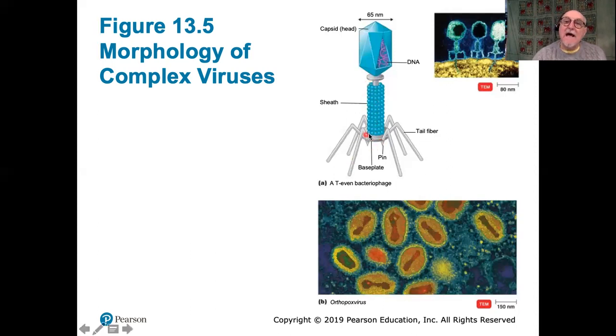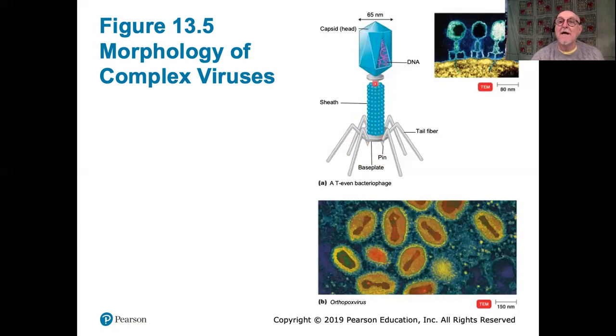Then all these tail fibers here, these tail fibers actually are the proteins that are going to recognize the bacterial host and stick to it. So once they successfully bind to the correct host, these tail fibers collapse, and they push this base plate down against the cell wall.